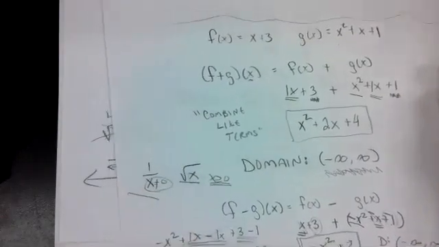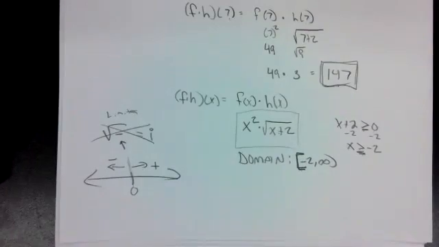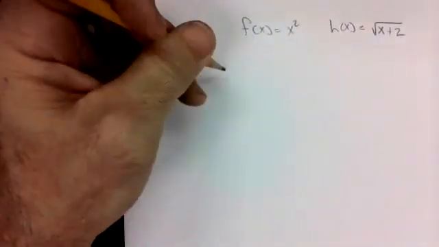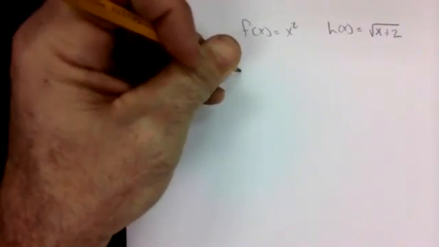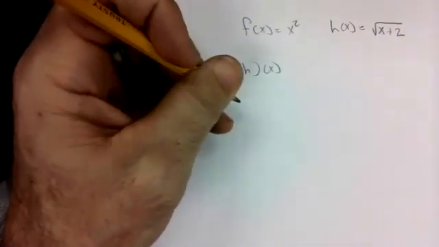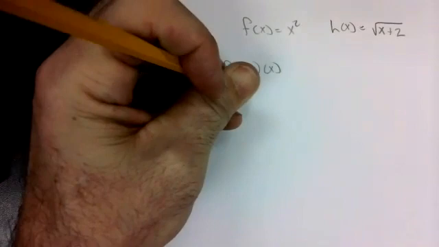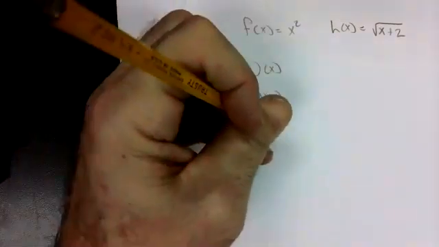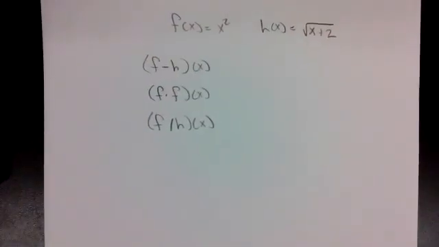So fractions and square roots are basically your only limiters within your domain. Just kind of save space.